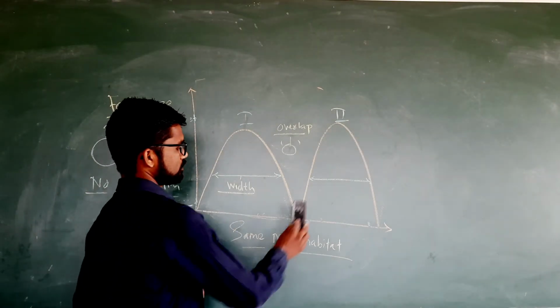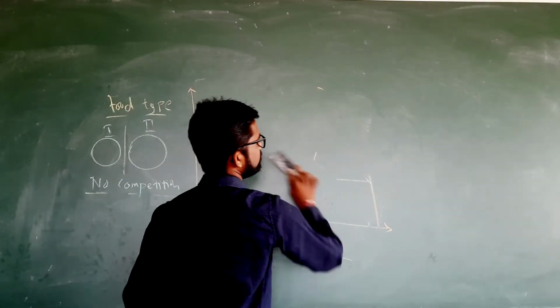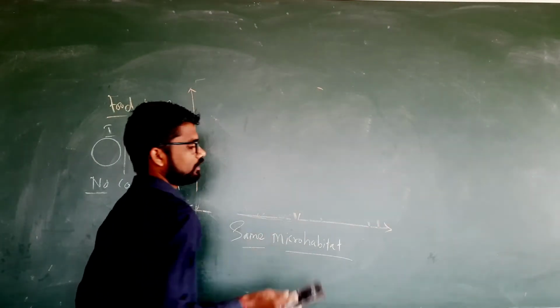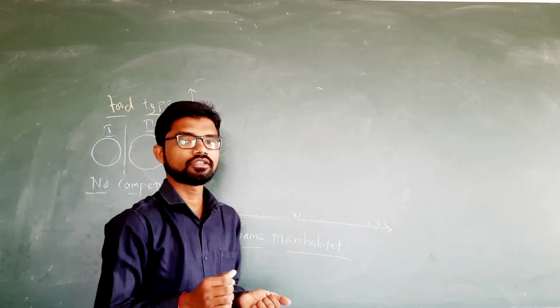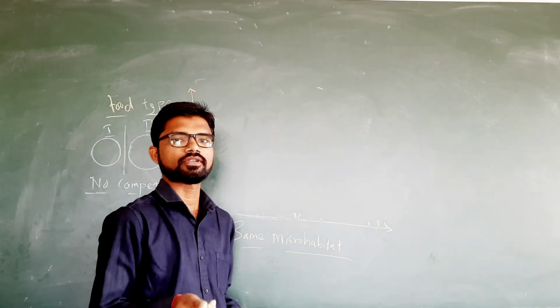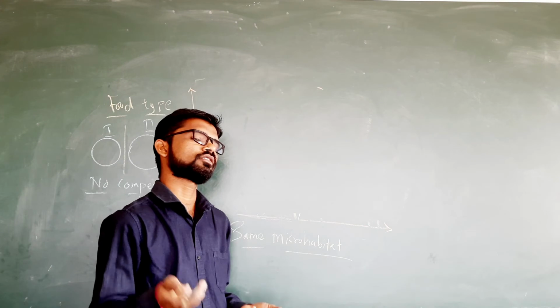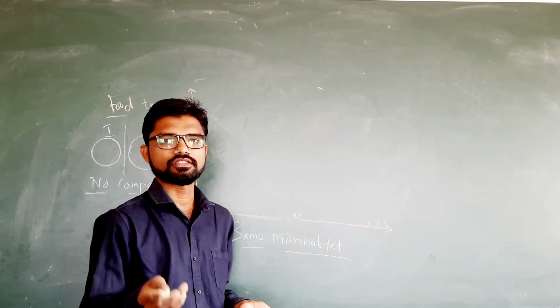This is the second case we discussed here. Then the third case is the fundamental niche. In the fundamental niche, niche width and niche overlap takes place because there is high competition in that ecological niche.